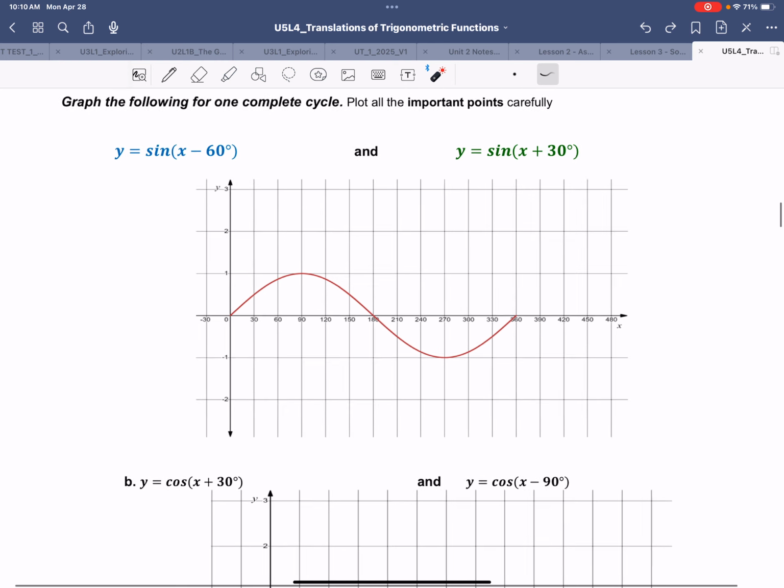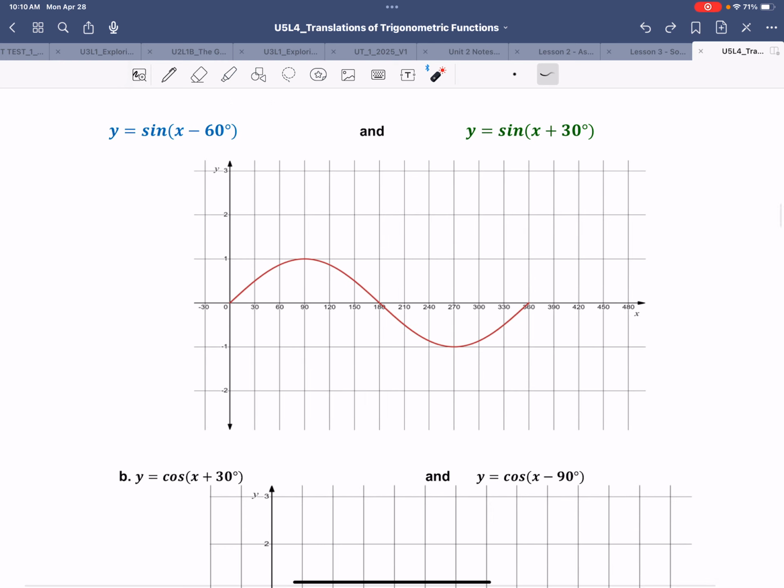Now we're going to take a look at y equals sine of x minus 60. In this case, the phase shift p is equal to 60. The way we look at this is we look at the number that we are subtracting from x. If we are subtracting a positive number from x, the value of p will be positive.